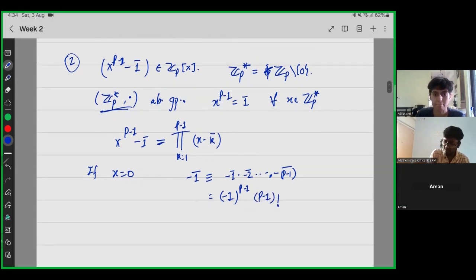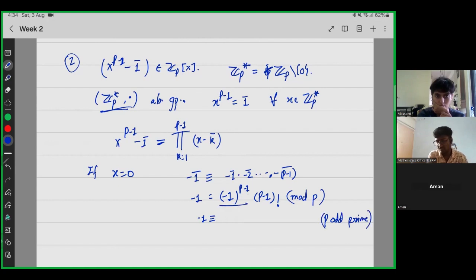Now I'm removing the bar, so I'm writing mod p. So minus 1 is equal to, because p is an odd prime, we can take p odd, minus 1 to the power p minus 1 is just 1. So this is minus 1 is congruent to (p minus 1) factorial mod p.